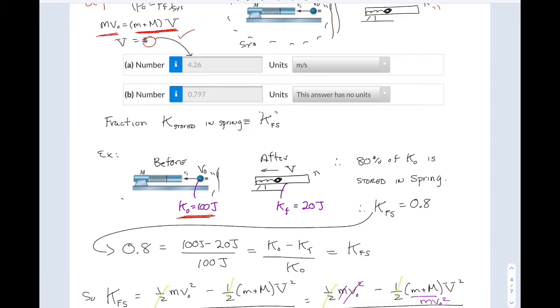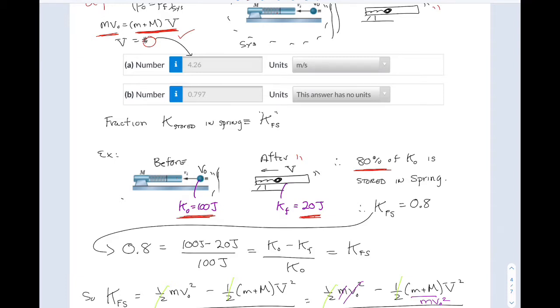After it compresses the spring, the whole system is moving to the left with 20 joules of kinetic energy. So 80 joules of kinetic energy is lost. Where did it go? It's now stored in the spring. So 80% of the initial kinetic energy is stored in the spring.